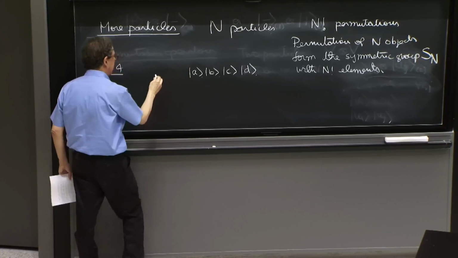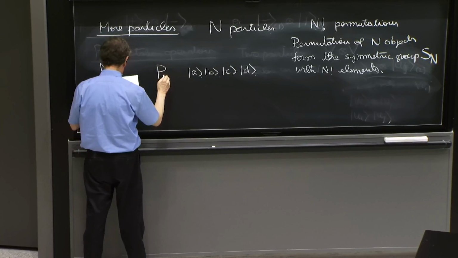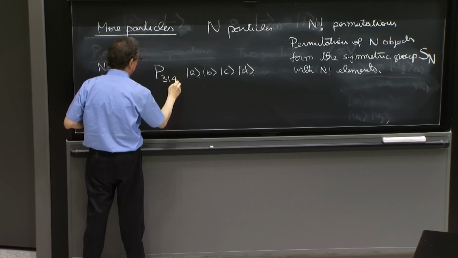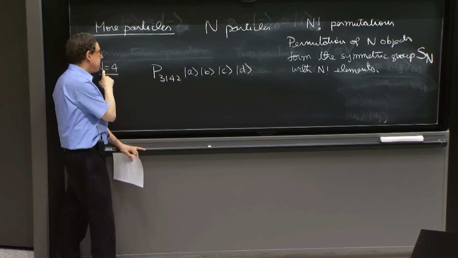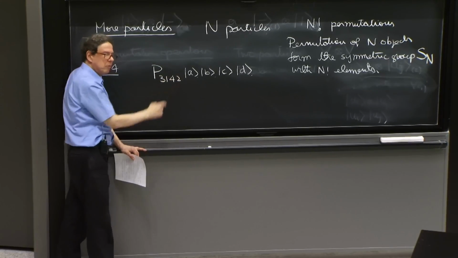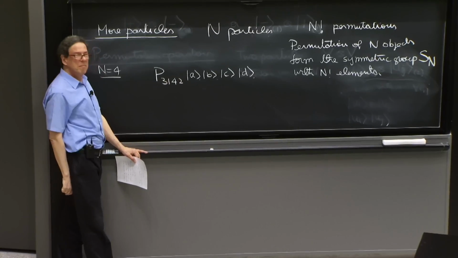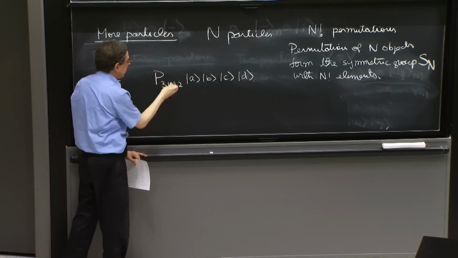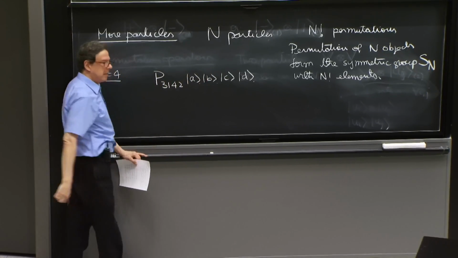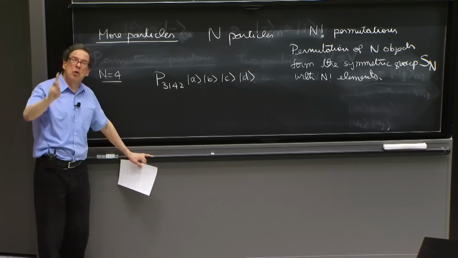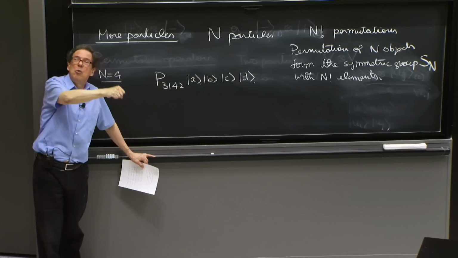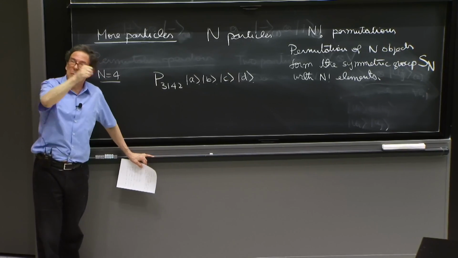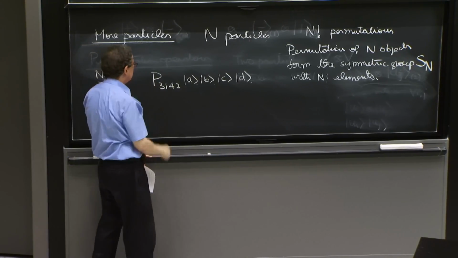The best thing, I think, is just to do an example. P3142. So a permutation now has capital N labels, so 4 labels. And this is a permutation acting on this state. Remember the 2-1 permutation exchange: the state in 2 was put in 1, the state in 1 was put in 2. Here is the instruction.